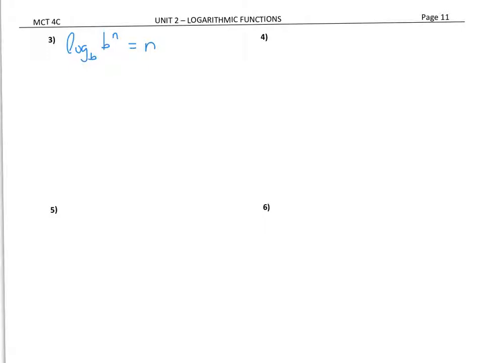If we put it in its exponential form, b is our base, n is the exponent, and that would have to equal the argument, b to the n, and we just wrote a true statement. So there is our next law.